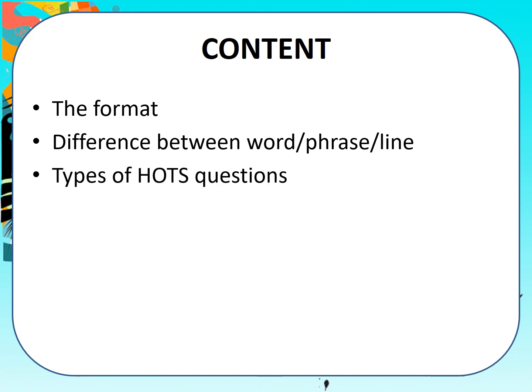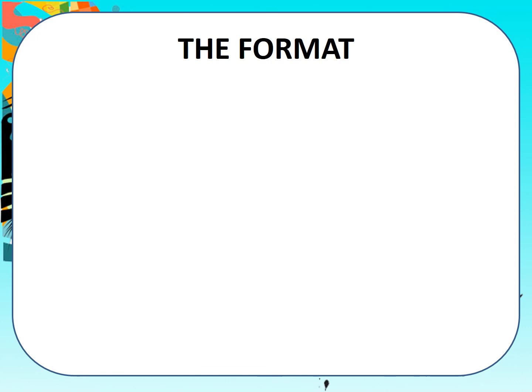Next, we will see the types of HOTS questions. HOTS stands for Higher Order Thinking Skills, or in BM we call it KBAT, Kemahiran Berfikir Paras Tinggi. Next, or rather the last part of this video, I will share with you some study tips. So, let's look at the format.